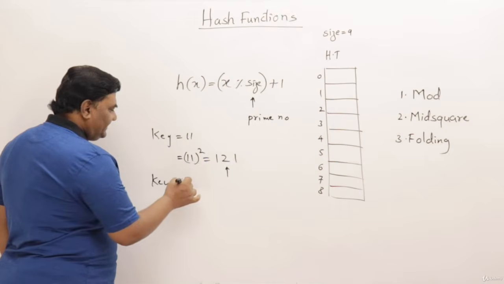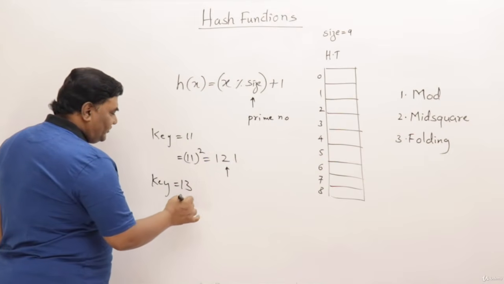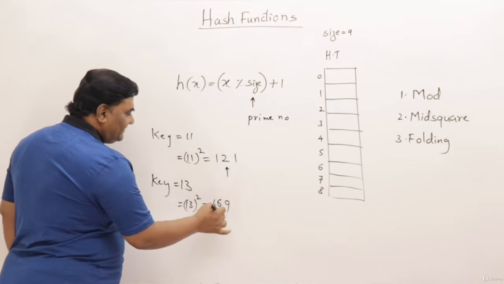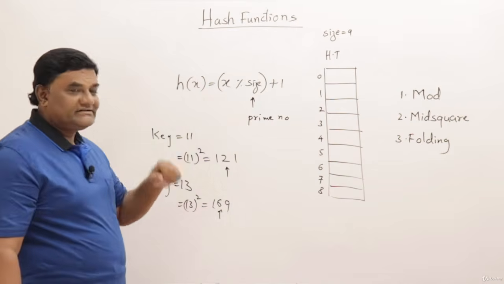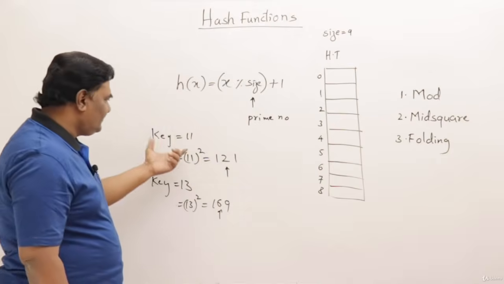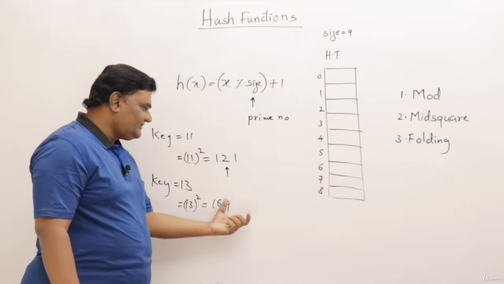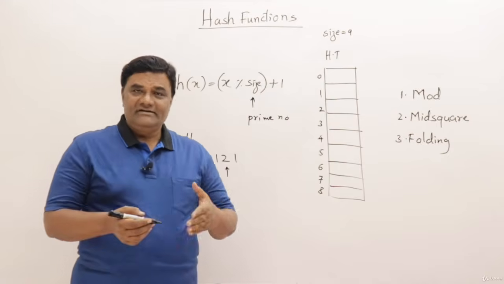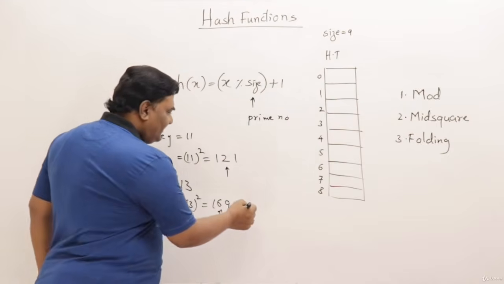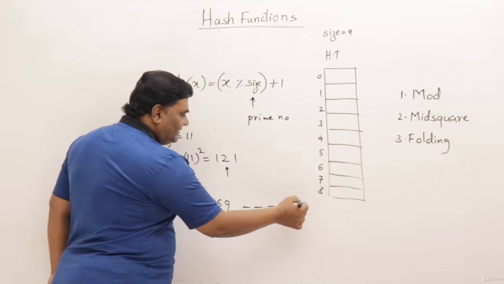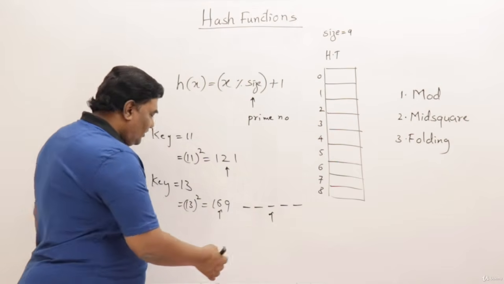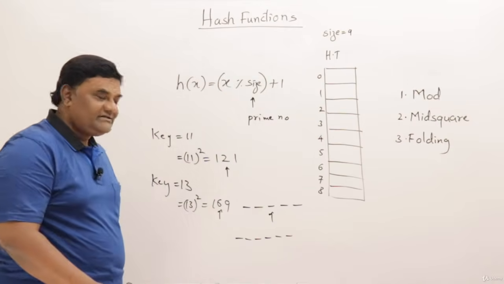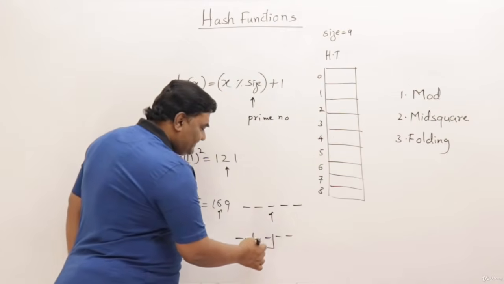I have taken a small number, that is 11. Suppose the key is 13, then perform 13 square, that is 169. Then the middle digit is 6. It should go on index 6. In my example, I have taken a 2-digit number, so the square of that gives 3 digits. Suppose the key is bigger than this one, then you may get more digits. Suppose you have 5 digits, then you can take the middle digit. Or if you are getting 6 digits after performing the square, then we can take the middle 2 digits also.